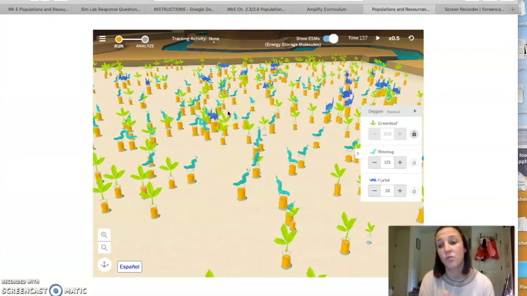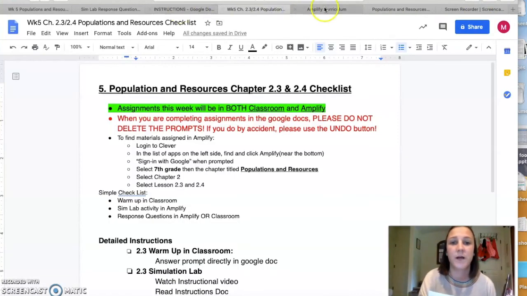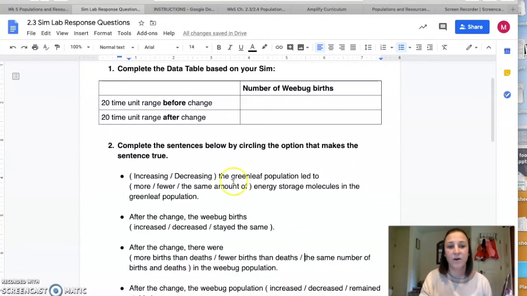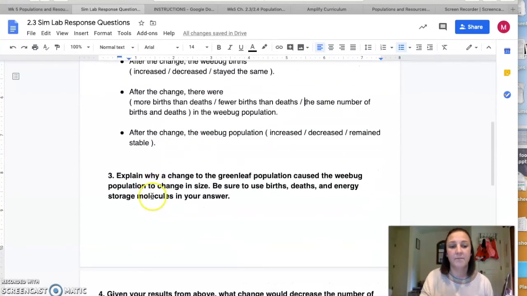So make sure to run your simulation for 20 time units, make your change, and then run it for another 20 so that when you analyze, you can see a change in your graph and know clearly where you made that change and see what happened. Okay? And then after you've done all of that, you're going to go to the response questions, which look like this, and you're going to fill these in.